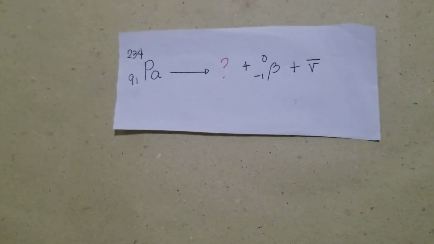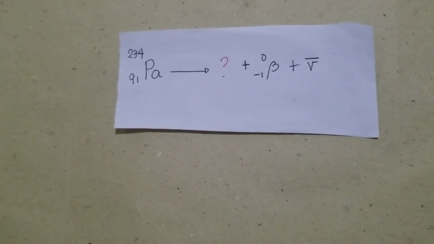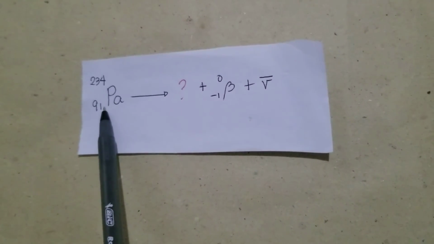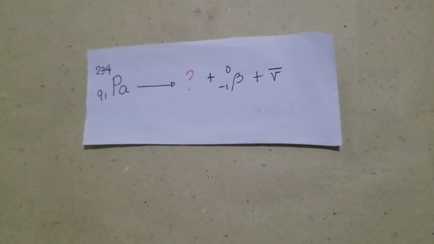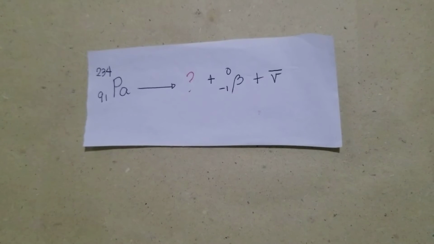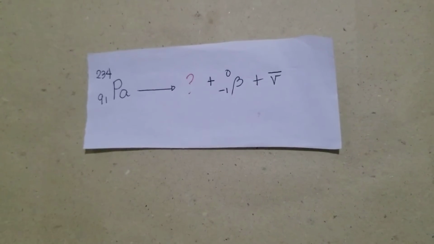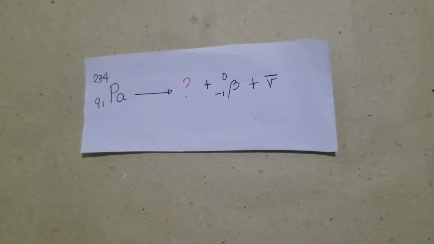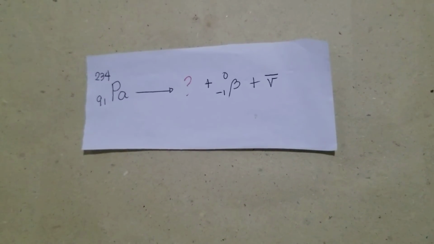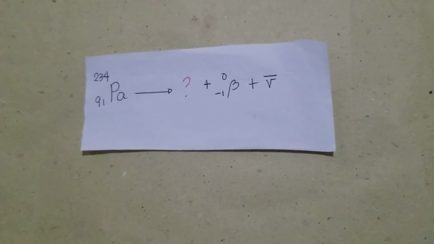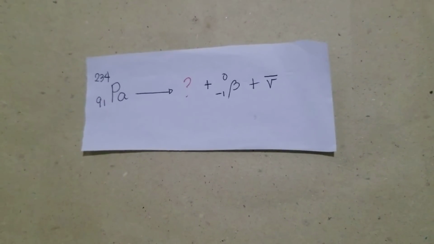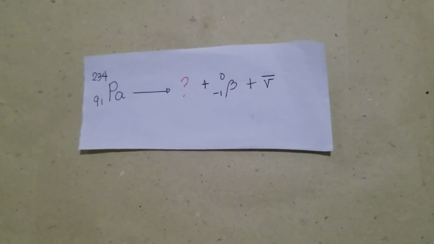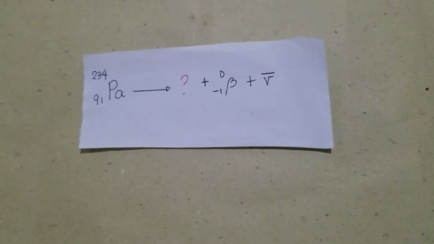Next, turn to the decay of protactinium-234. Because the beta particle given as a product has no mass number, we know that the unknown particle has a mass of 234. The beta particle has a charge of -1, so the unknown particle must have an atomic number of 92.